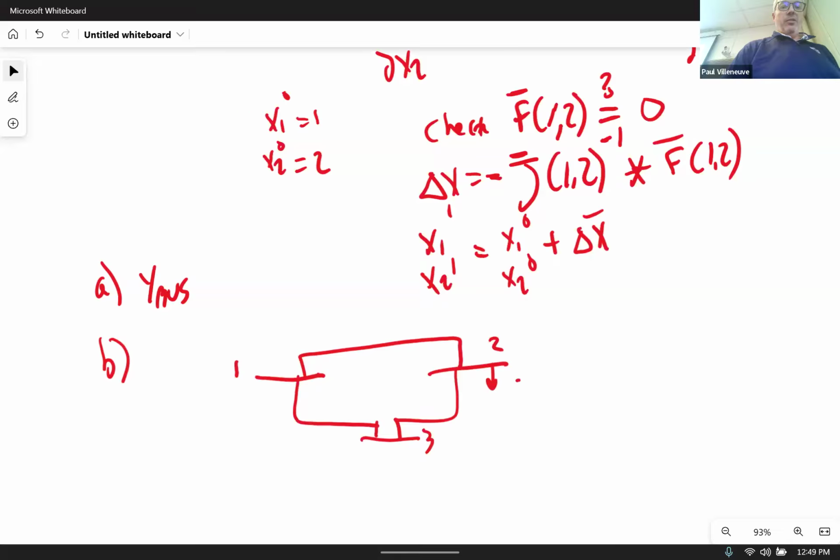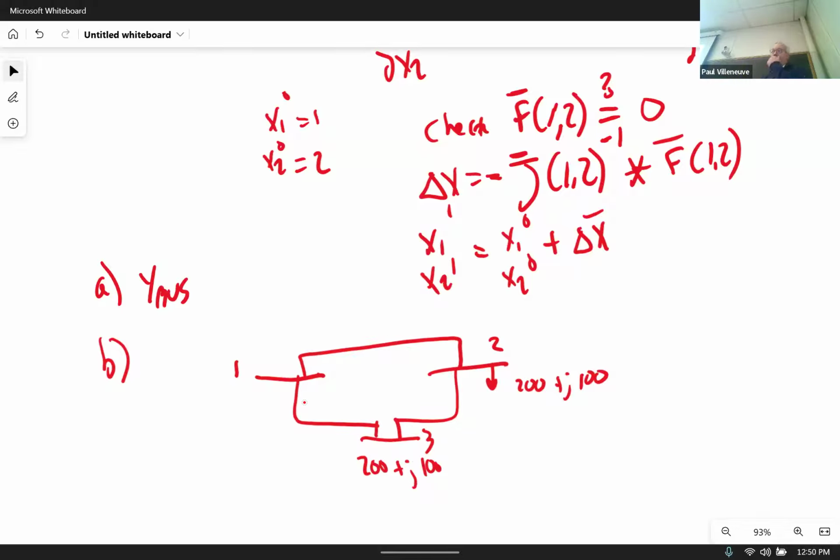I told you this was 200 plus j100 and 200 plus j100. And I even told you this voltage here. Sorry, I don't think I told you the voltage.